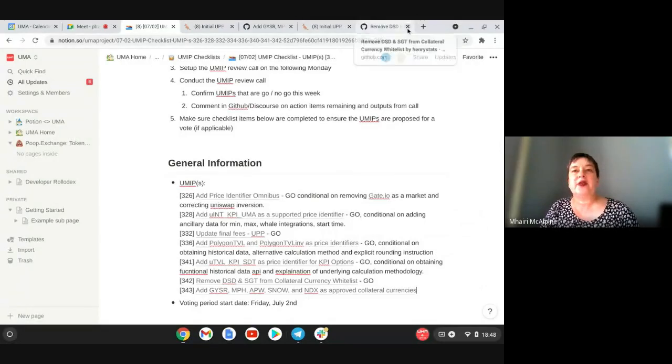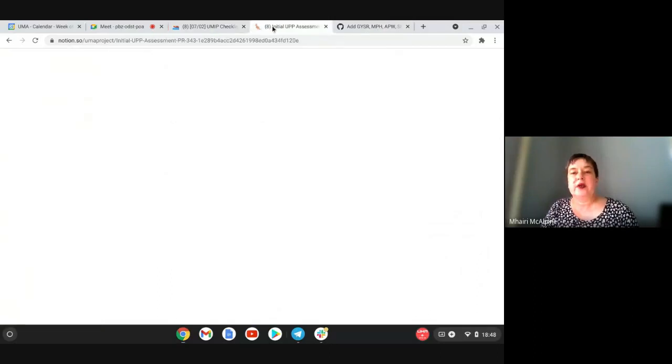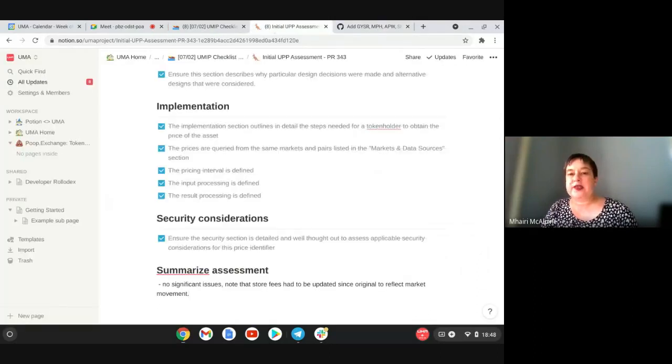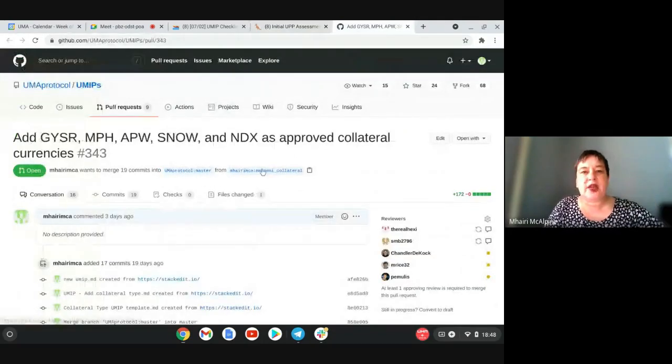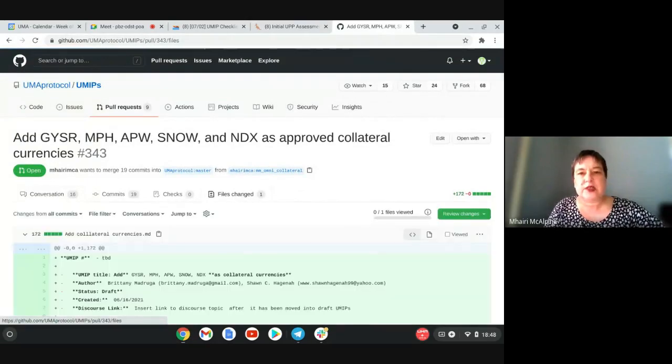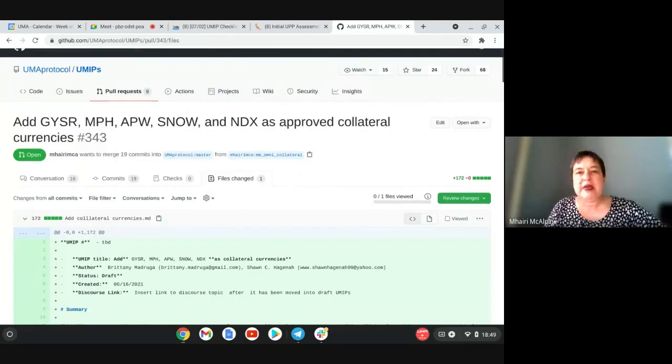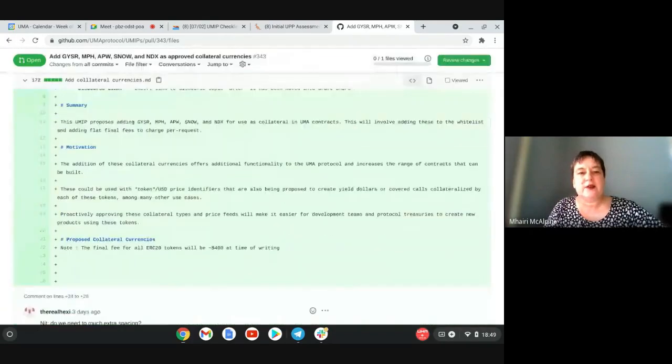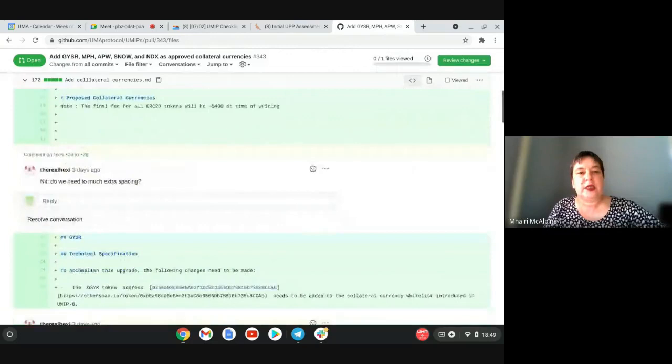Now, for this one, I know you left some comments, Renus, about store fees in particular. I did go through them a couple of hours ago and recalculated them. I didn't follow exactly what people had recommended because the market had moved again since however many days it had been, but I tried to get them all around 400.